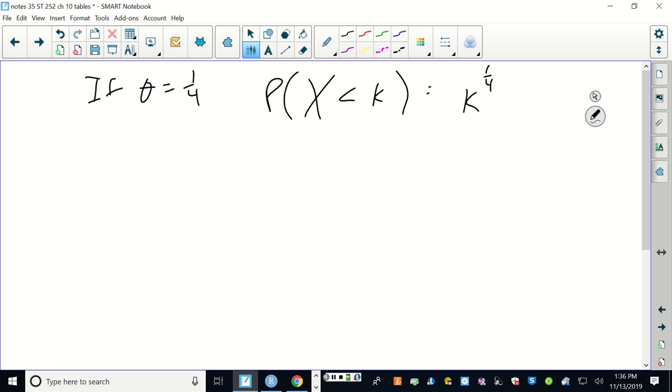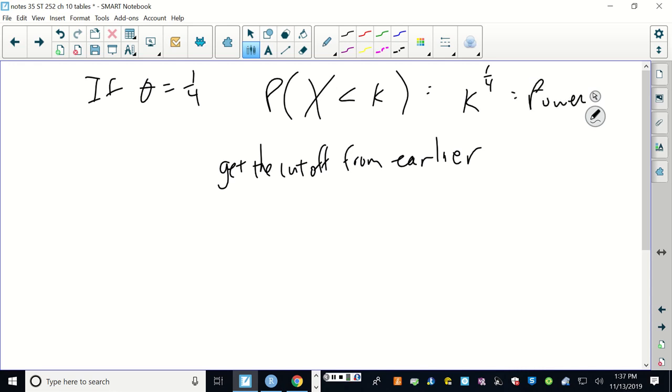We get the cutoff from the previous page, put it in there, and then compute. And this is the power, because we reject when our x value, our random number, is less than that cutoff. So that's a likelihood ratio test with one observation.